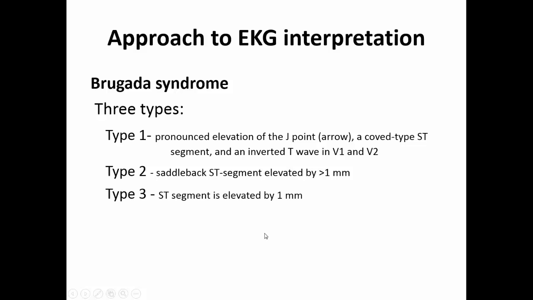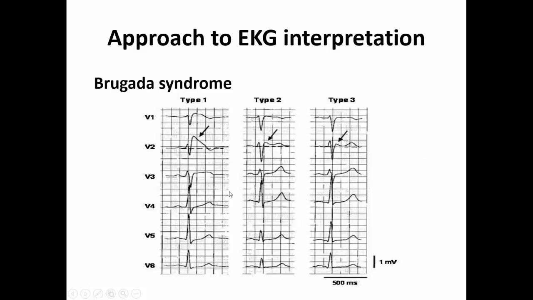There are 3 different types of Brugada syndrome. I'm not going to go through these individually because it's pretty rare. And here's what your EKG looks like. You have a little bit of a wide QRS complex, abnormal ST segments in type 1, type 2, and type 3.